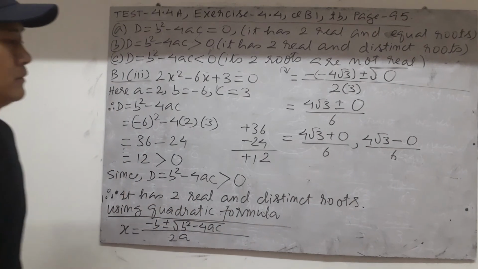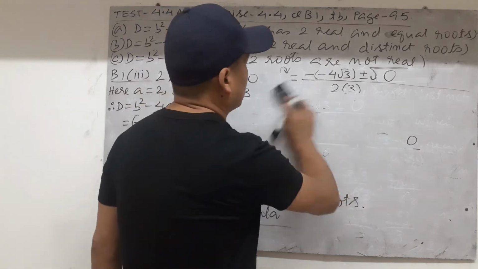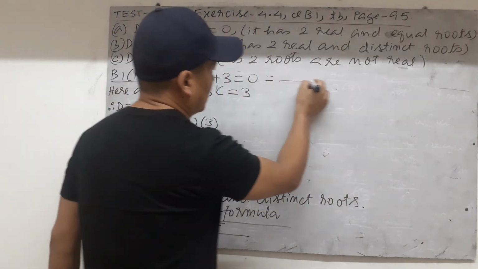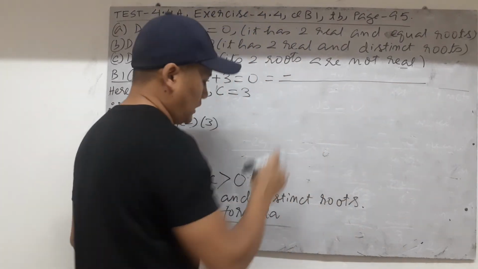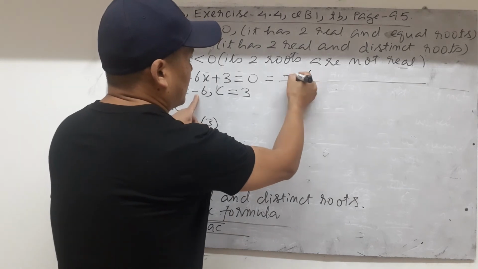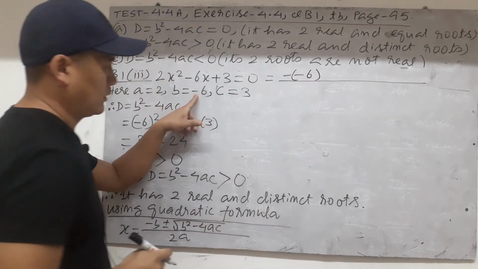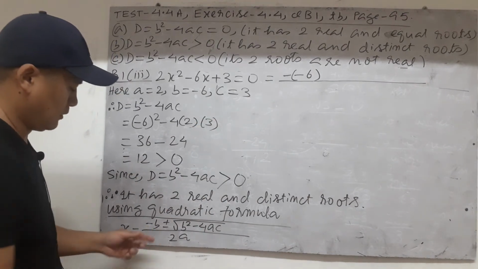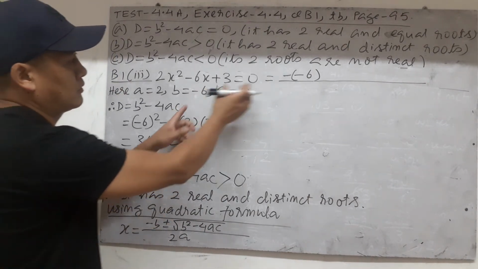Write it down. And let's continue. As we continue, we're going to get here equal to long line minus b. So b is here, we found out, minus 6. So between these two minus, put bracket. Minus this one here. And then b has another minus of its own, minus 6.